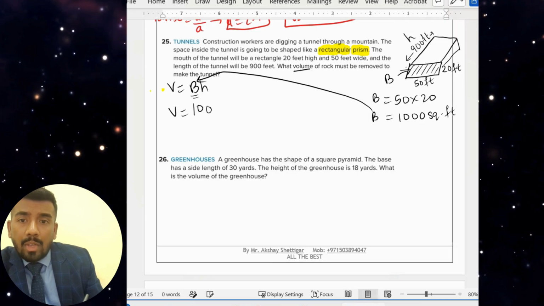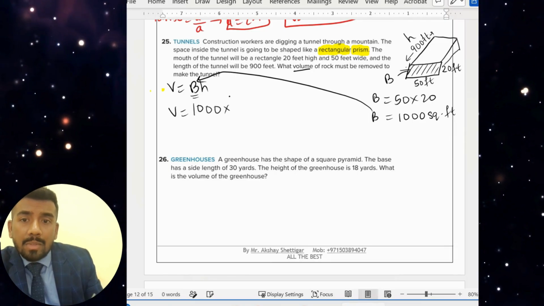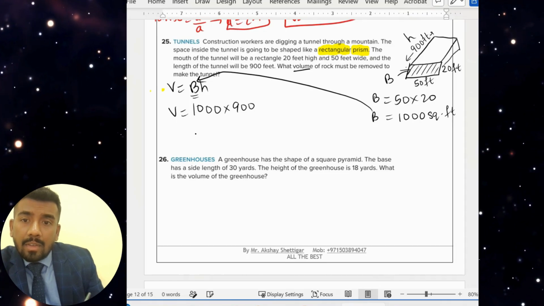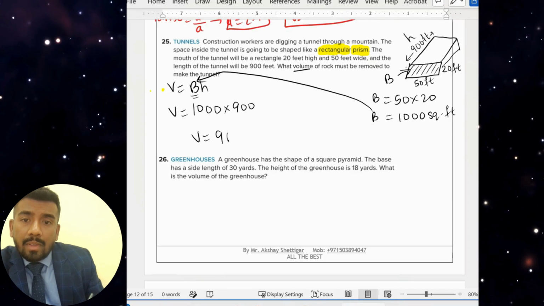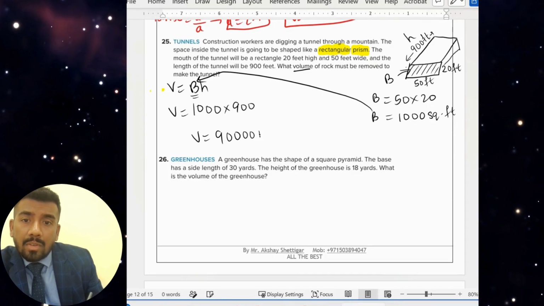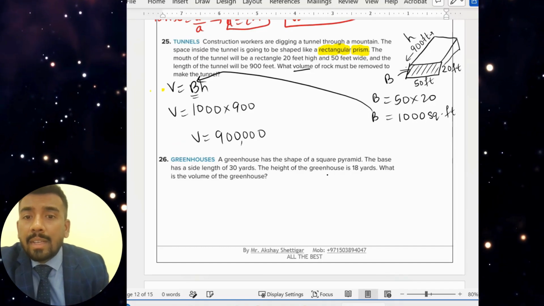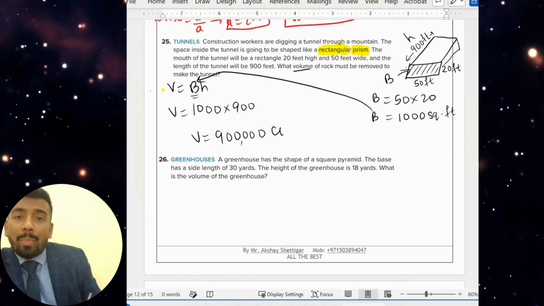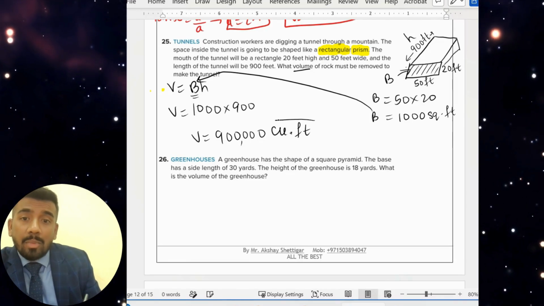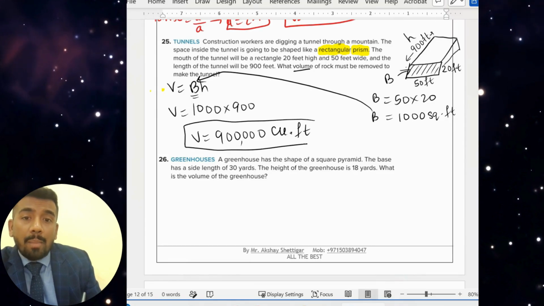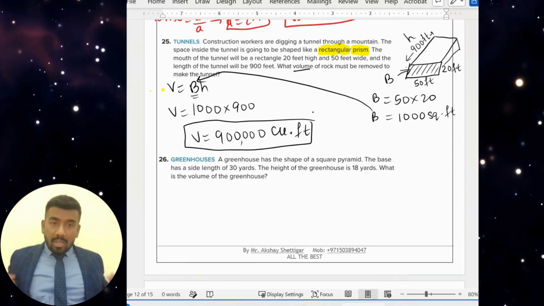Volume is 1000 times the height. How much is the height? 900. So what will be the volume? 9 with 5 zeros, 900,000 cubic feet. Cubic because it's volume, and feet because it's the unit. So that much amount of rock must be removed.